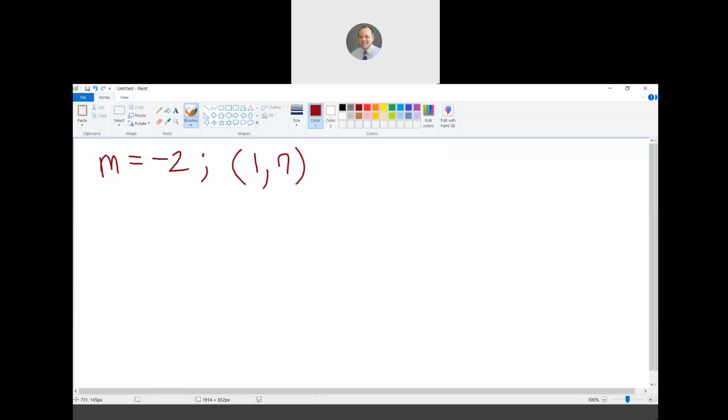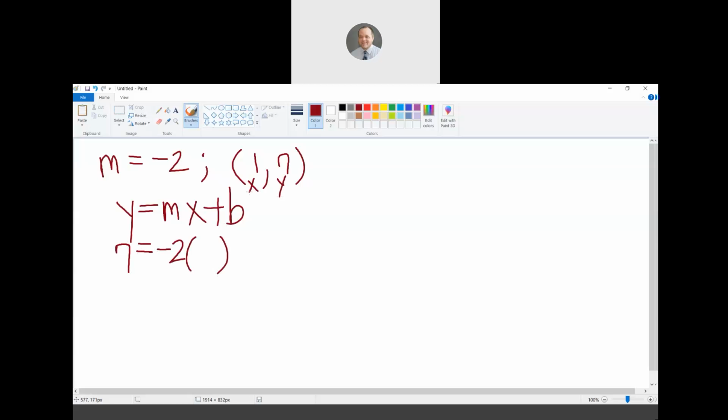Let's use our slope-intercept form to get started. y equal to mx plus b. Our given y is 7. Our given slope is -2.